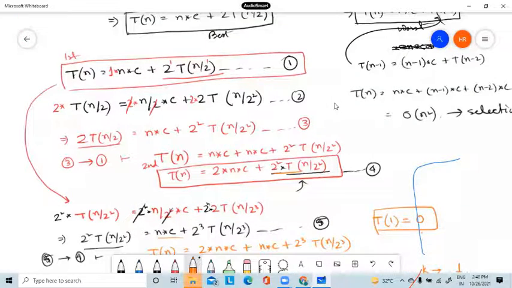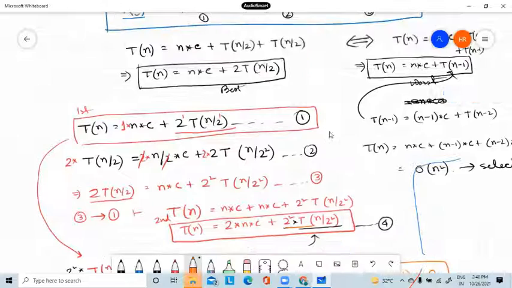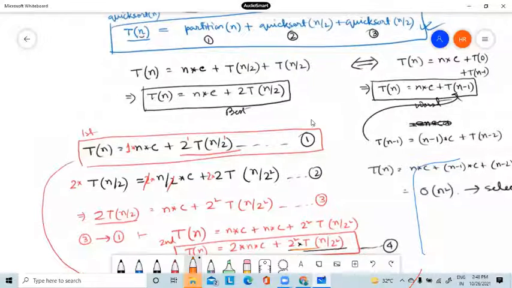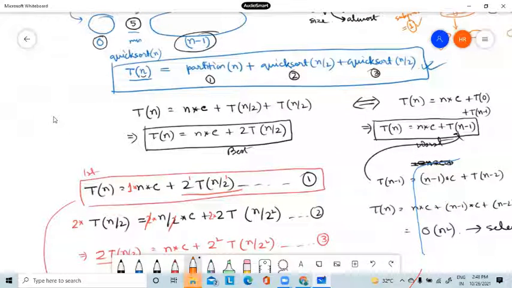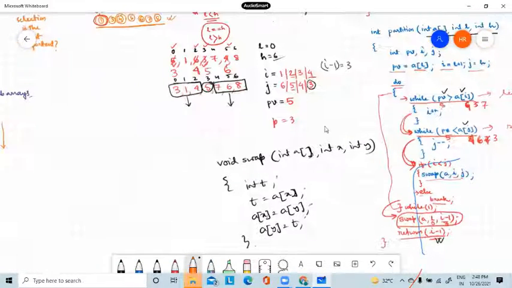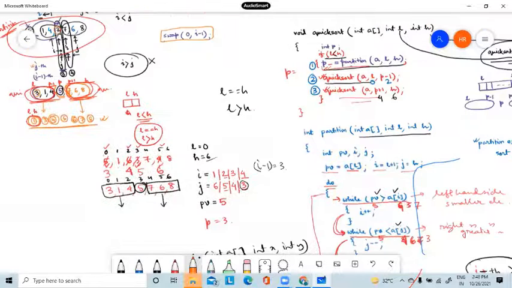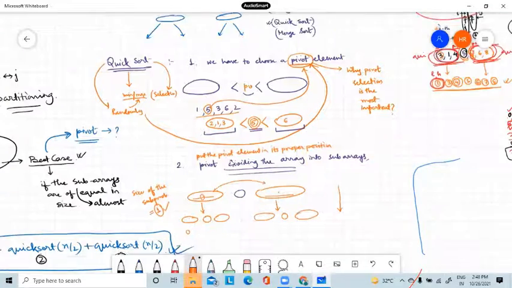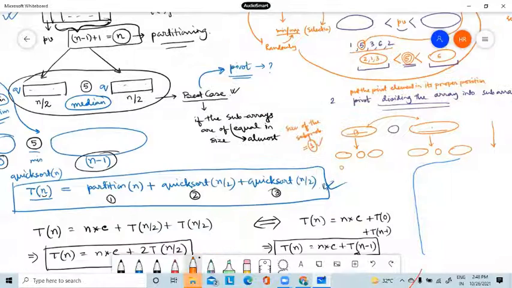How to get the best case time complexity? You have to start from there. First, you have to write a small part of the code, this one, only this part. Then from this code, you have to mention the time complexity of the partition.